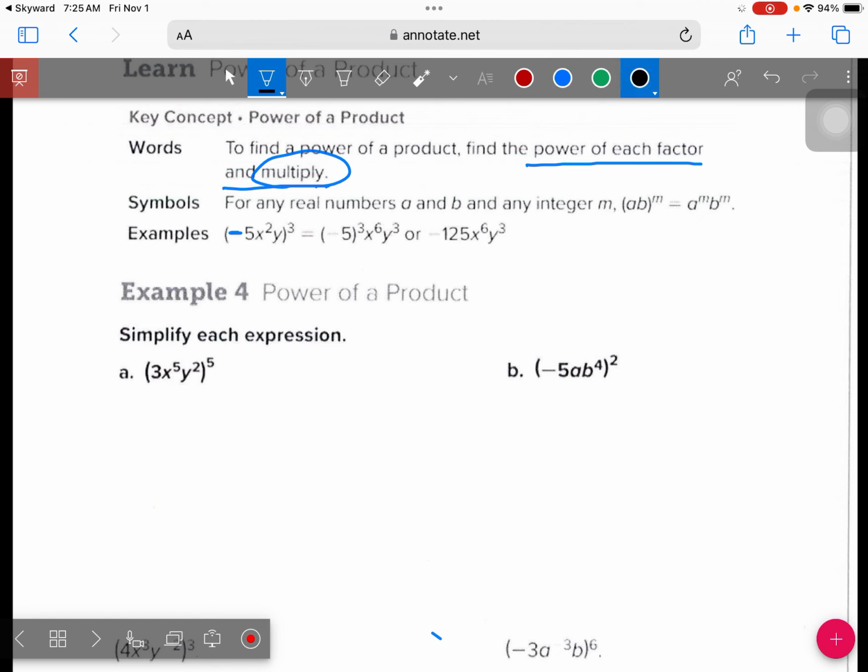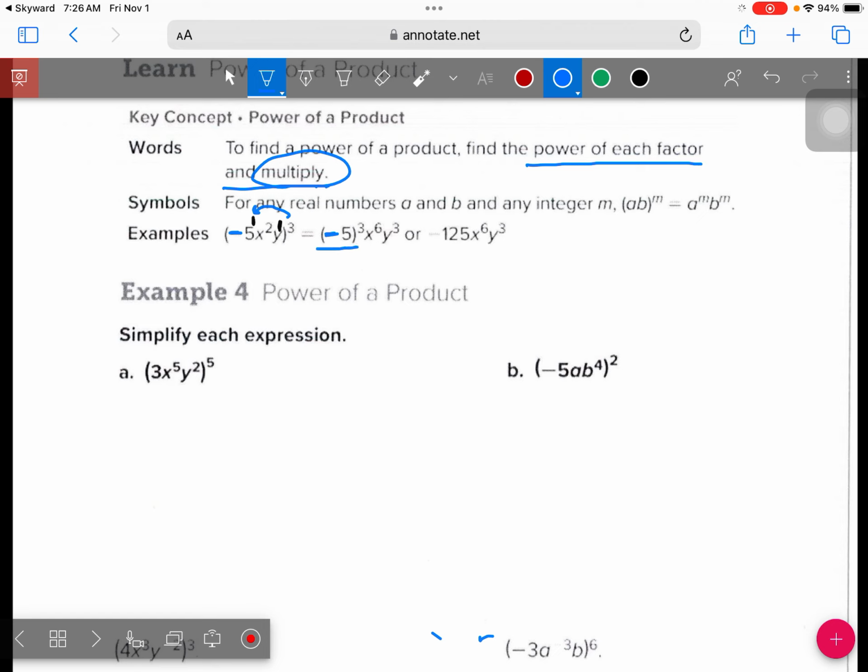Okay, and in case you've forgotten, if there's no exponent, put a 1 on it. So we have negative 5, and essentially you are multiplying everything. So 1 times 3 is negative 5 to the third power.